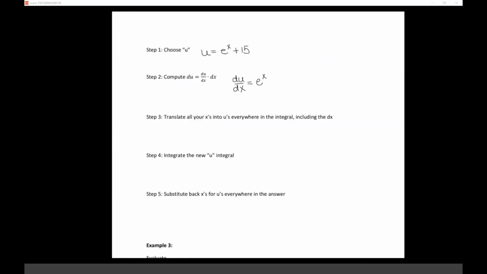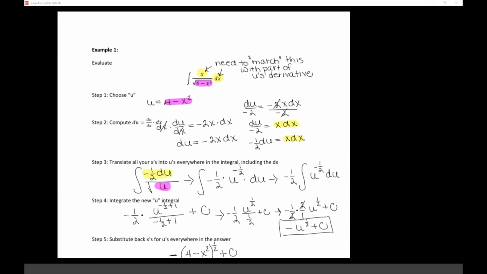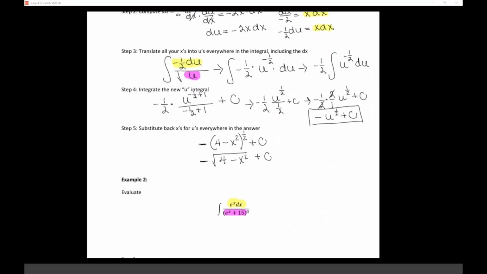So all I'm going to do is multiply both sides of this by dx. The dx's cancel over here, and I get du equals e to the x dx, which now matches the rest of my integral over here. See the numerator part.